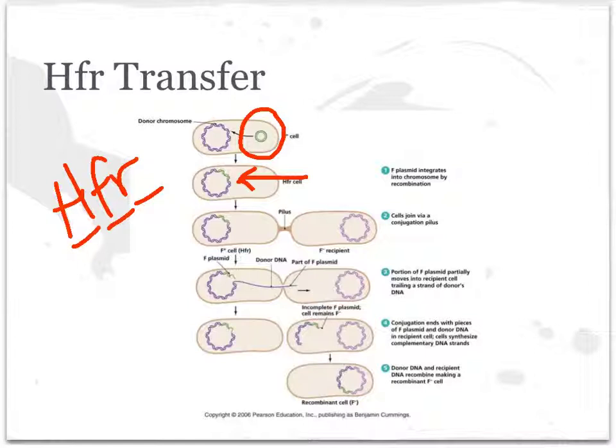So what happens is, through the sex pilus, the donor cell can snip its own genome and send the F factor through. As the F factor is sent through, it's being replicated and turned into double-stranded DNA. And of course, the entire genome is not sent through. Only part of it, an incomplete F plasmid, is sent through.